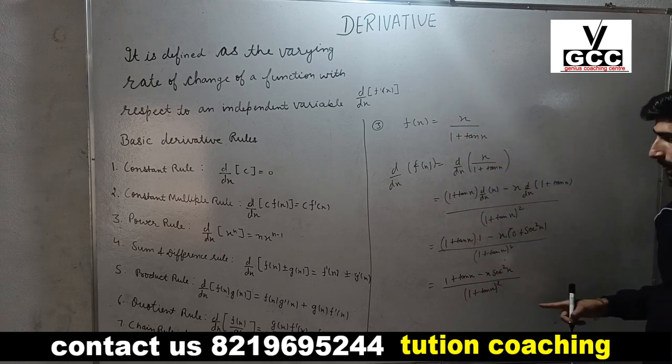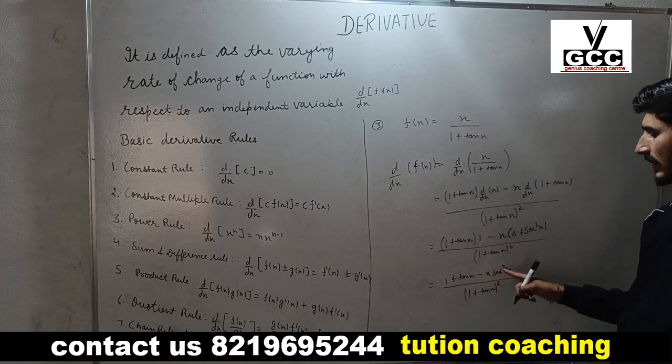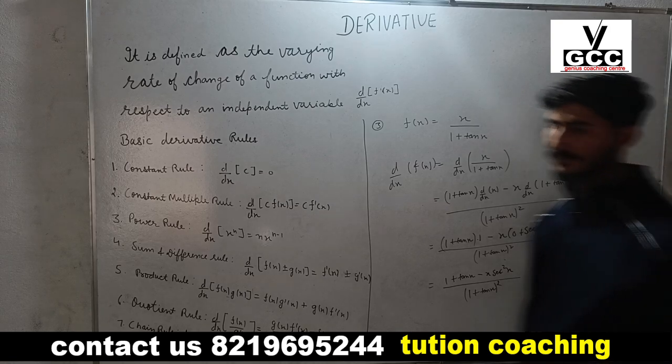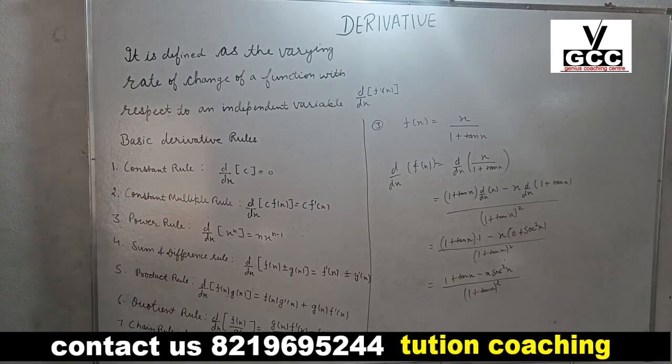Here is the required answer. The derivative of f(x) is equal to (1 plus tan x minus x secant squared x) whole upon (1 plus tan x) whole squared.